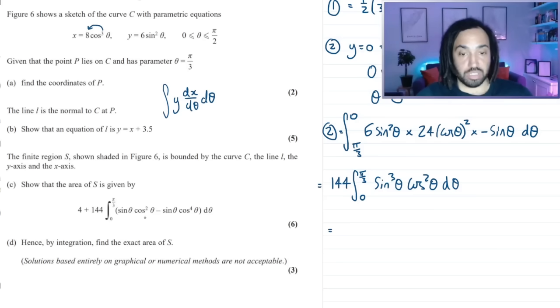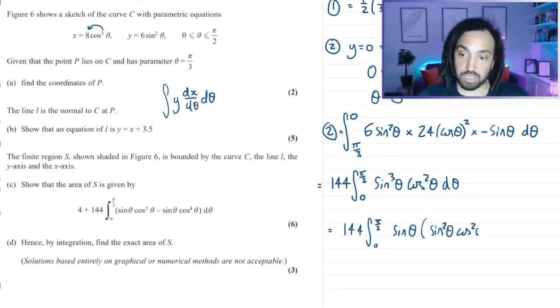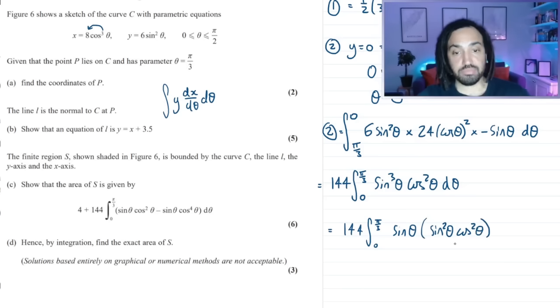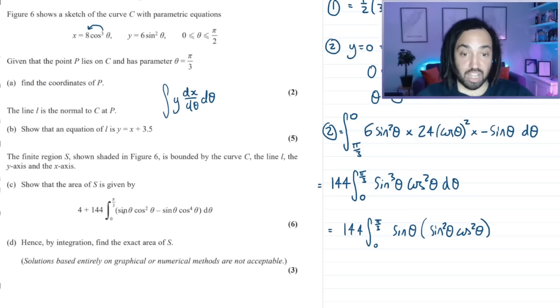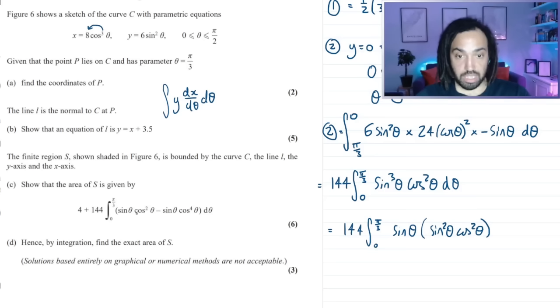Okay, now we want it to look like this. I can see both of these two terms have a sine in them. So what we can do is we can take a sine theta out, which would leave us with sine squared theta cos squared theta. And after taking that sine out, I've noticed that the other factors of these two expressions are all in terms of cos.